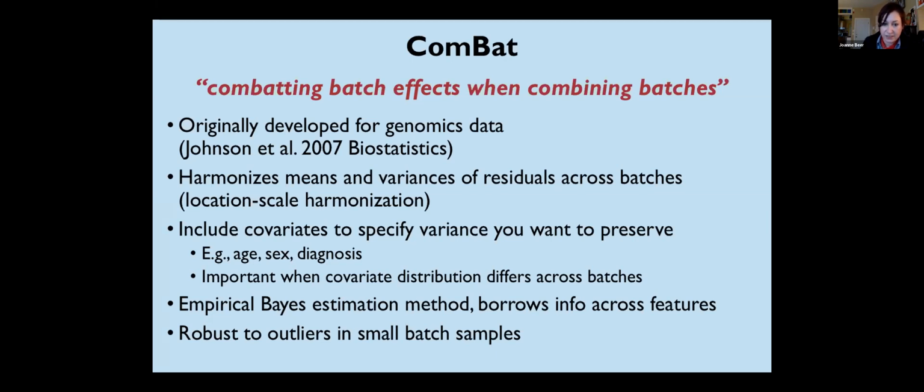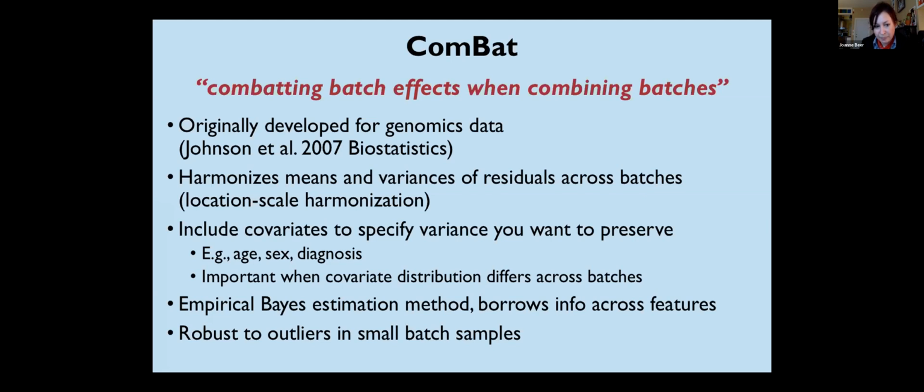And one thing that is necessary to do is to include covariates to specify the variance you want to preserve. Like, for example, age, sex, and diagnosis. And this is particularly important when covariate distribution differs across the batches.